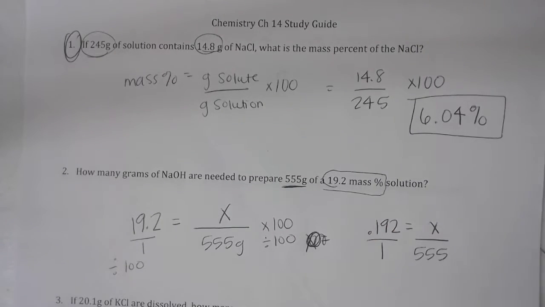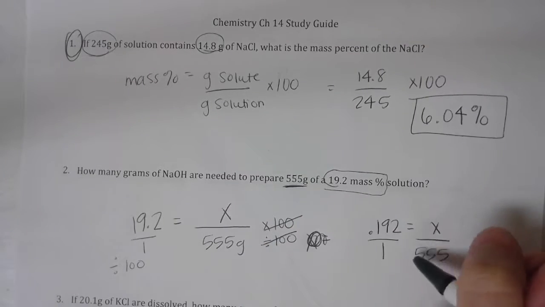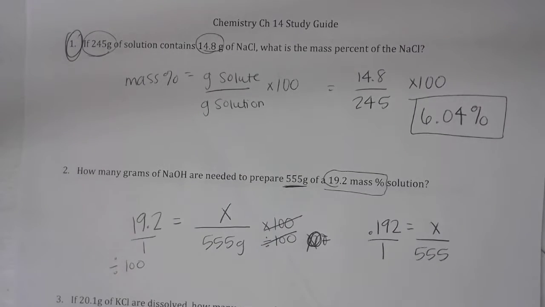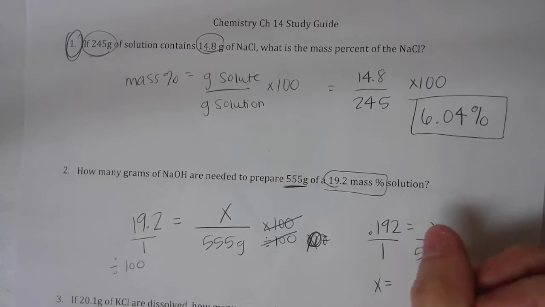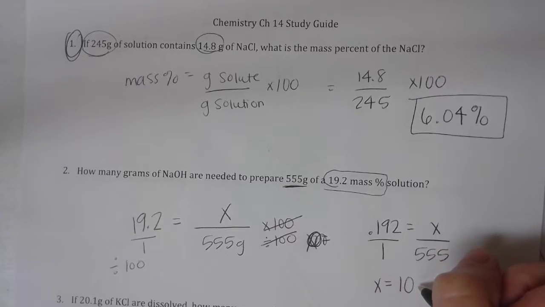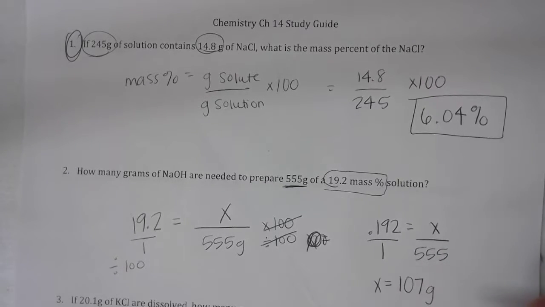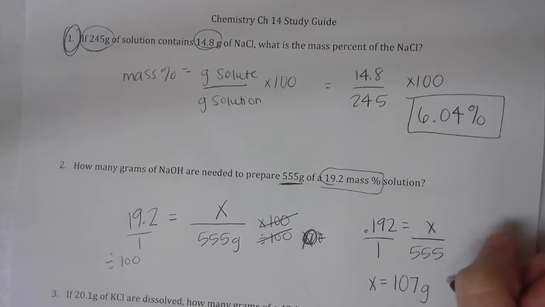Put that over 1, and when you cross multiply, it'll be 555 times 0.192, and that will give you X equals, if we round it, 107 grams NaOH.